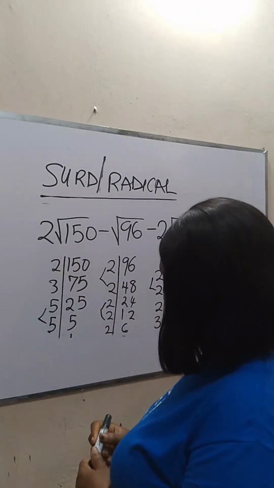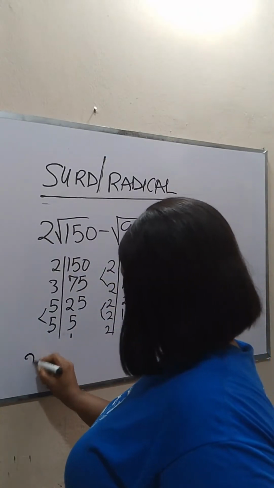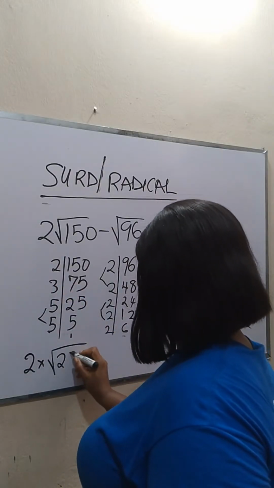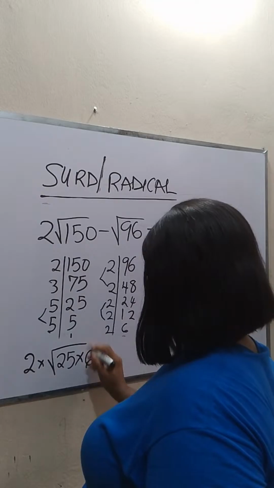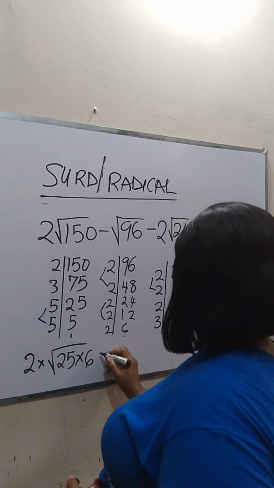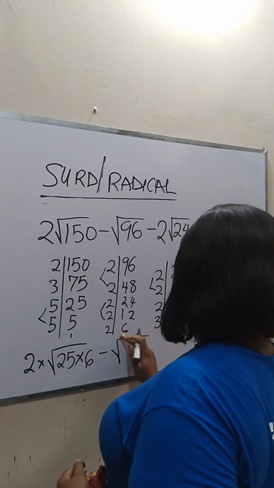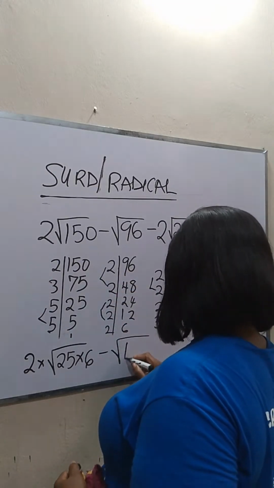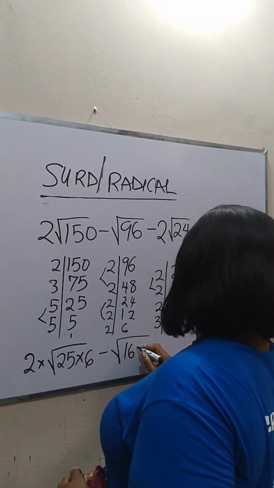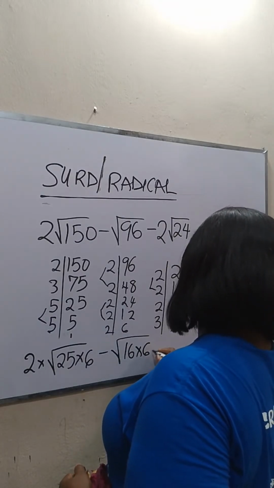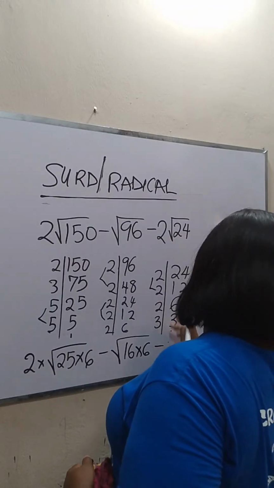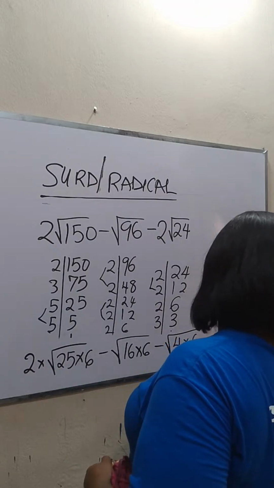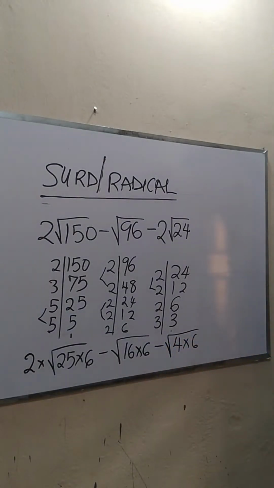So here we have 2 times 25 times 6. 2 times 3 is 6. Minus, we have root 16 times 6. Okay, minus, this is square root of 4 times 6. Okay, so 6 is common.